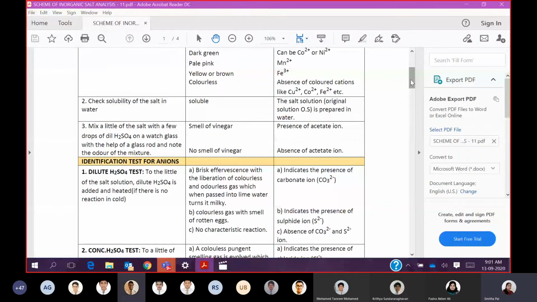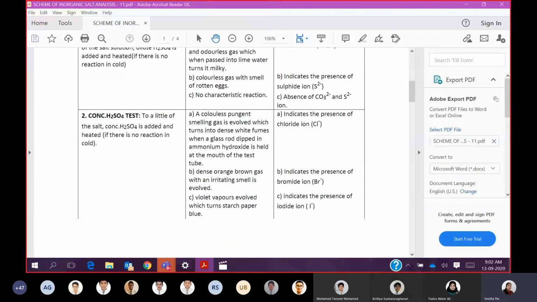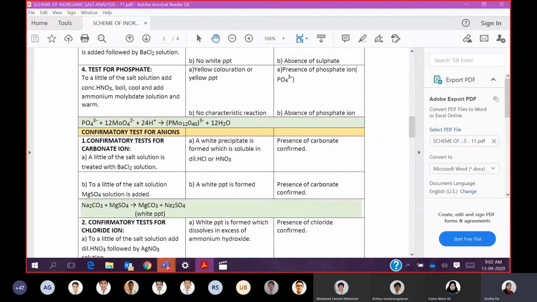Yeah. So all the important points regarding carbonate: it is a colorless salt. It gives carbon dioxide gas with dilute sulfuric acid. Carbon dioxide when passed through lime water turns it milky. Then another important point regarding carbonate is the confirmatory test. If the salt solution containing carbonate is treated with barium chloride, you'll get a white precipitate.